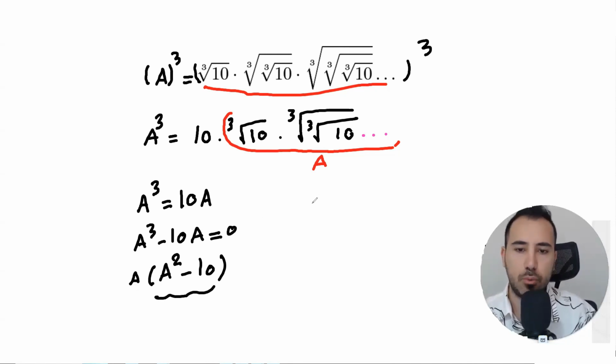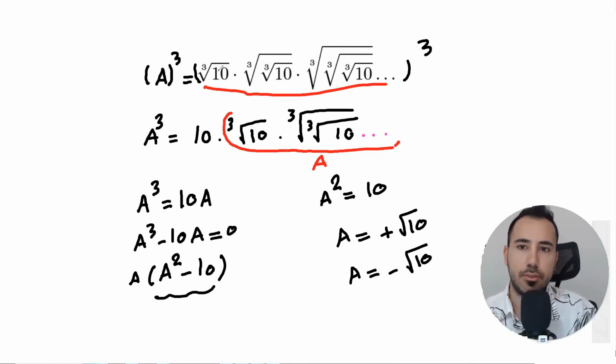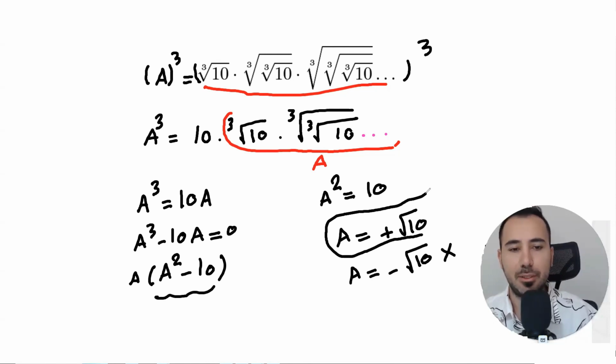So what if this one is 0? So A squared is equal to 10. So A will be positive square root of 10 or negative square root of 10. But we're not going to accept the negative one again, because all the terms are positive. We multiply them. We never get something negative. So this one is out. As you see, this one is again the solution. So I hope you found this useful.